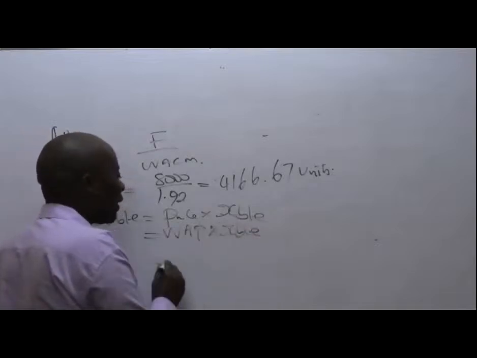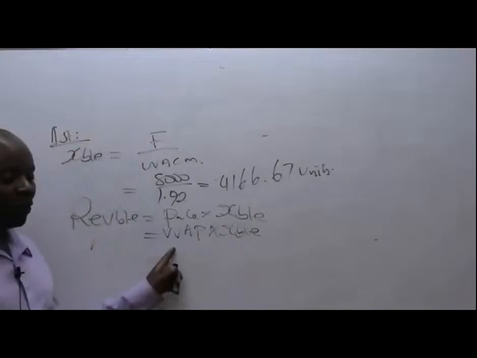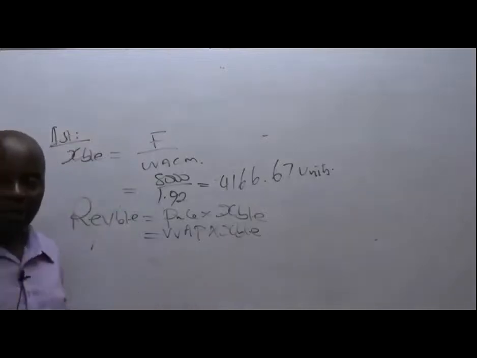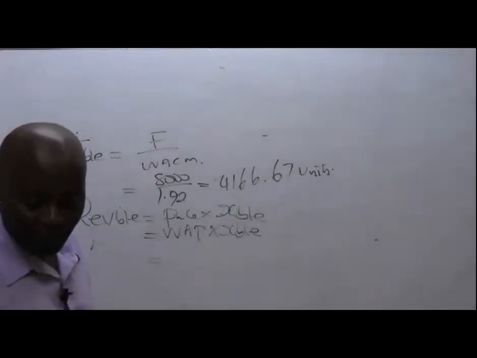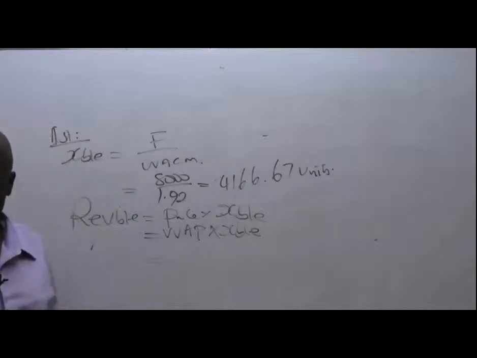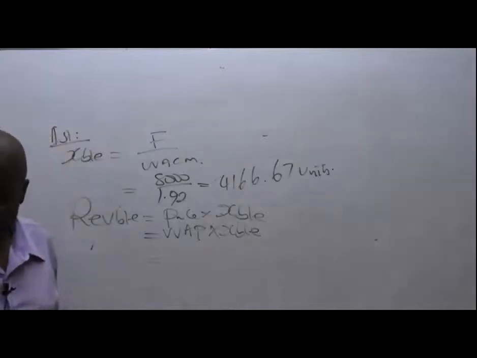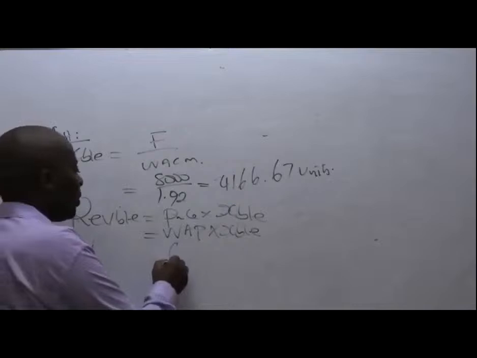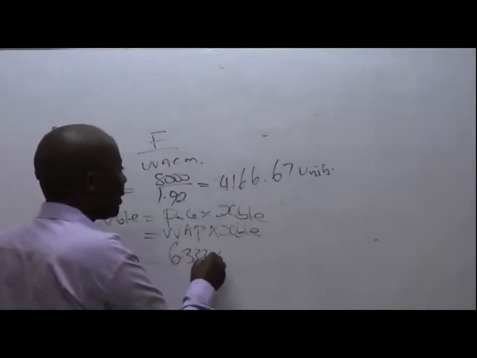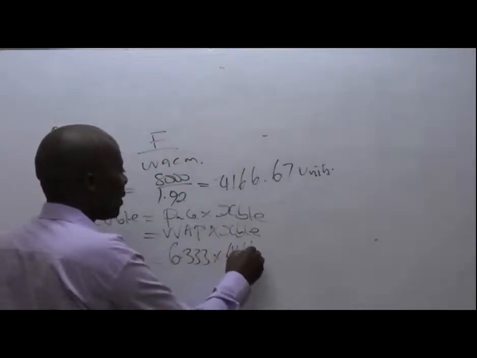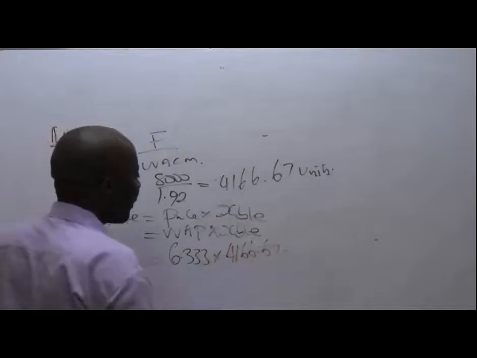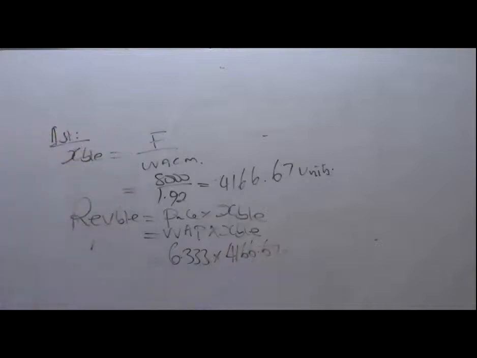I would want to know whether there is any student who is able to remember the WAP, because there are many prices here and we want to work with an average. Is there anybody who is able to remember the WAP? 6.333, like that. So this is 6.333 times 4166.67.